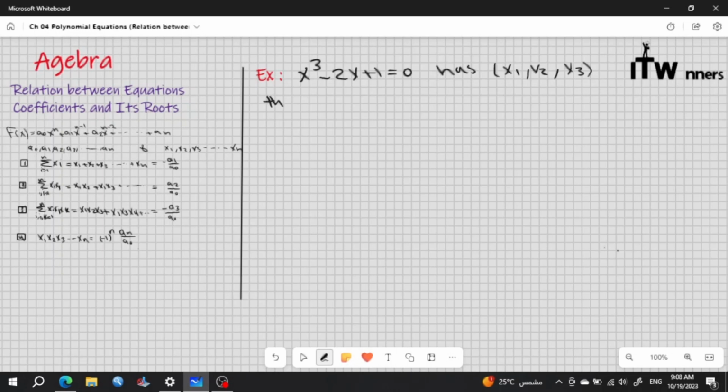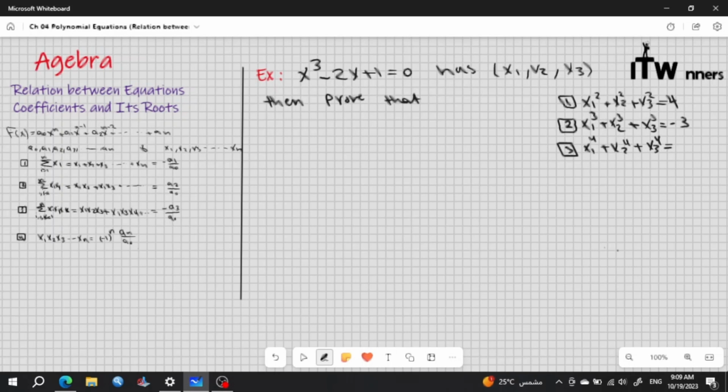Then prove that x1 squared plus x2 squared plus x3 squared equals 4, x1 cubed plus x2 cubed plus x3 cubed equals negative 3, and x1 power 4 plus x2 power 4 plus x3 power 4 equals 8.